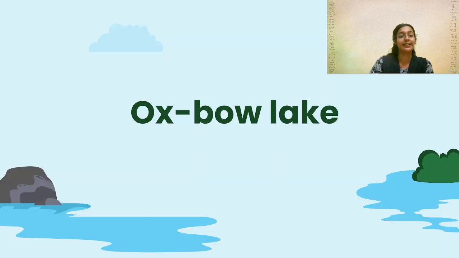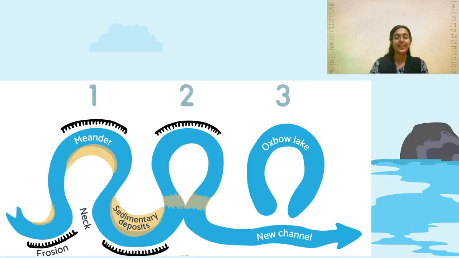Now let's see another form of river, that is Oxbow Lakes. Now let's understand about the Oxbow Lakes. So let's take a situation. The water is flowing from mountains.